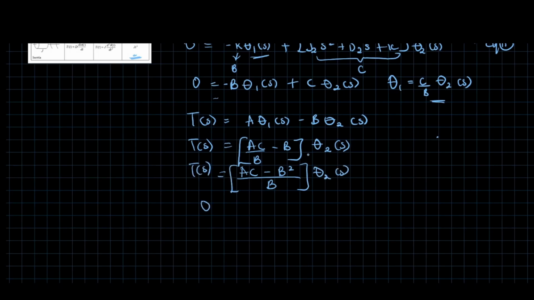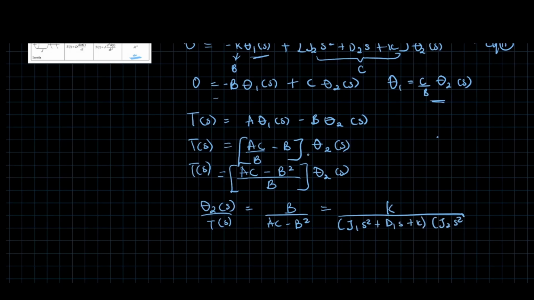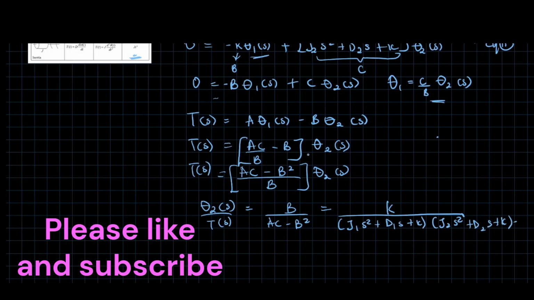And you can simply make theta 2 s over T s equal to B over AC minus B squared. Now simply substitute back what A, B, C were. So this is just a simple way of getting the answer. J1 s squared plus D1 s plus K, and J2 s squared plus D2 s plus K, minus K squared.